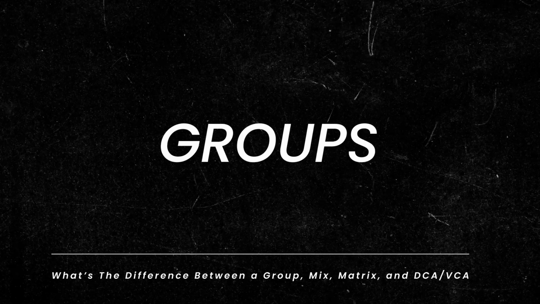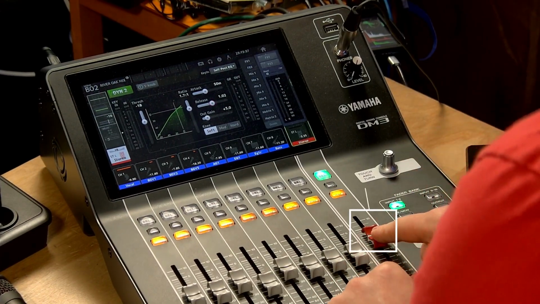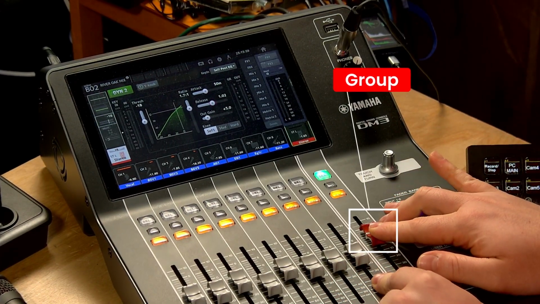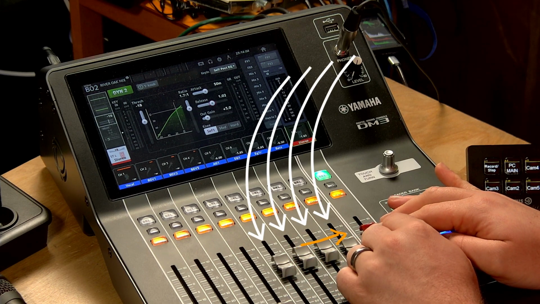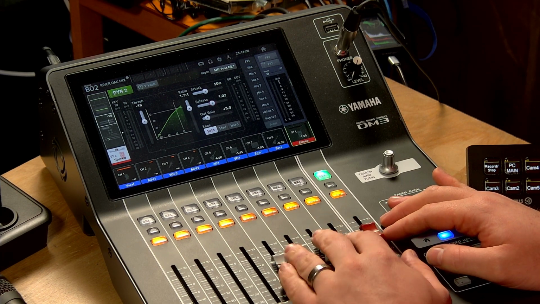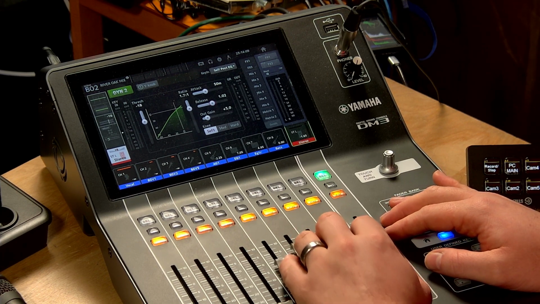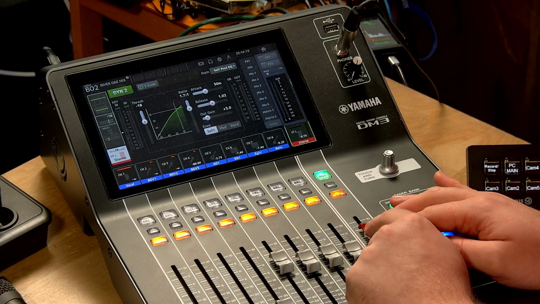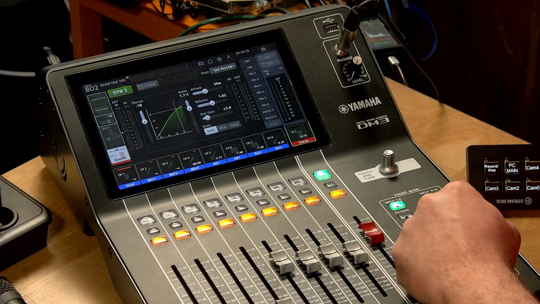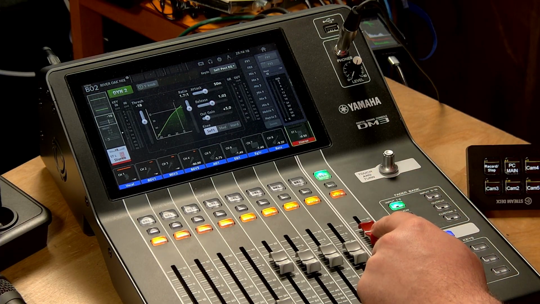Groups are generally the most simple, where essentially across your console, you would have a group, say this is a group fader instead of the master, okay? And you had these four channels assigned to that group A, okay? That means that essentially the output of these channels, whatever level they're at, would go to this group before going to the main output or even being output from the group itself.